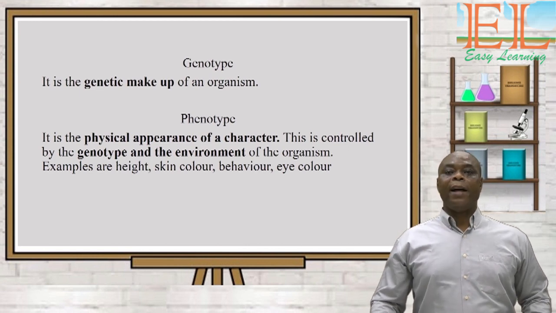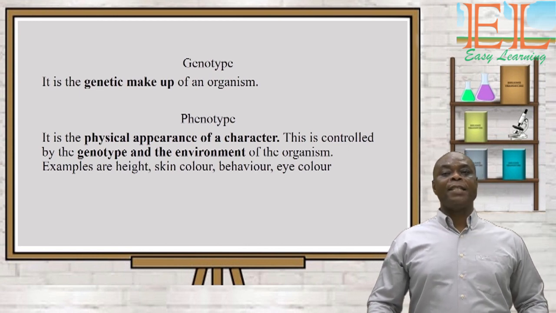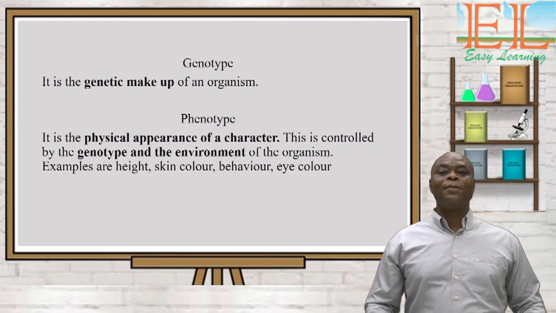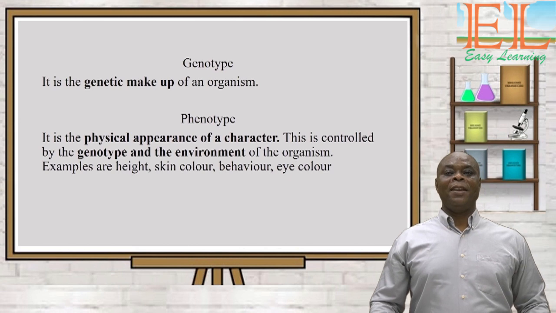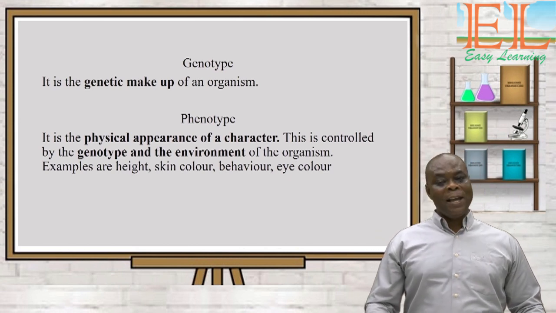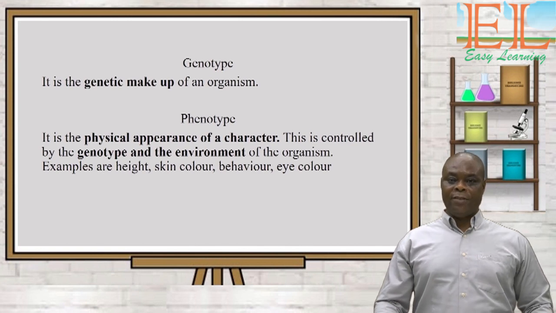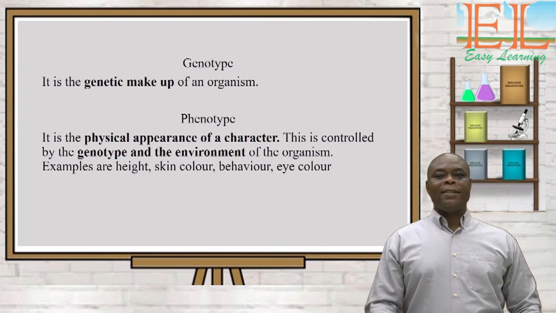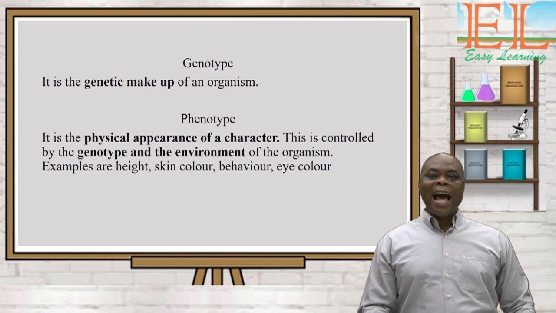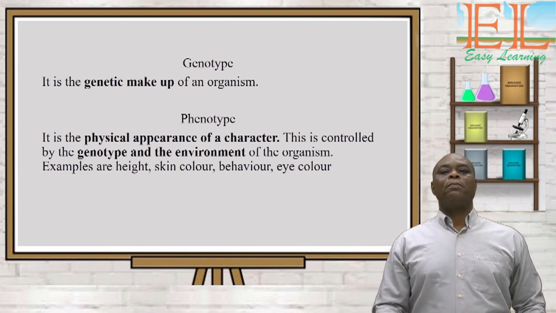Another is behavior. We inherit behaviors from our parents, but the environment in which we find ourselves can shape the behavior. It can become a good behavior or a bad behavior if you are among bad friends. The next is eye color. We inherit eye colors from our parents.